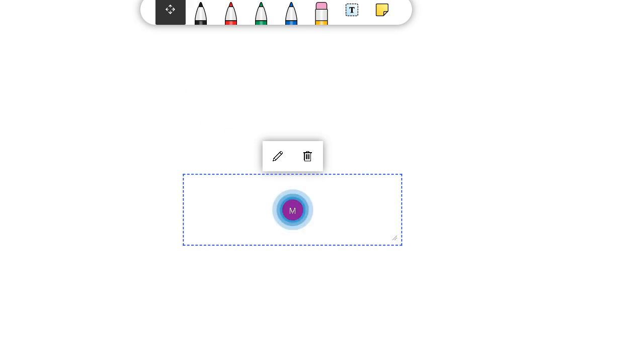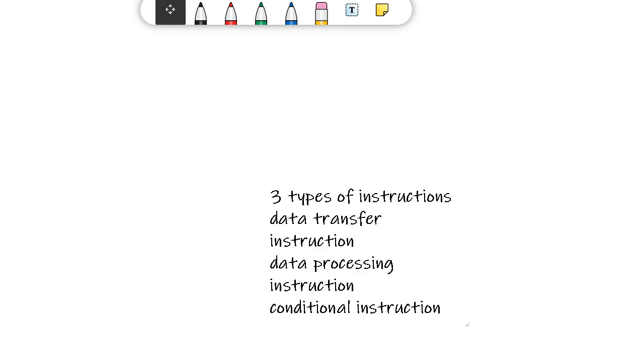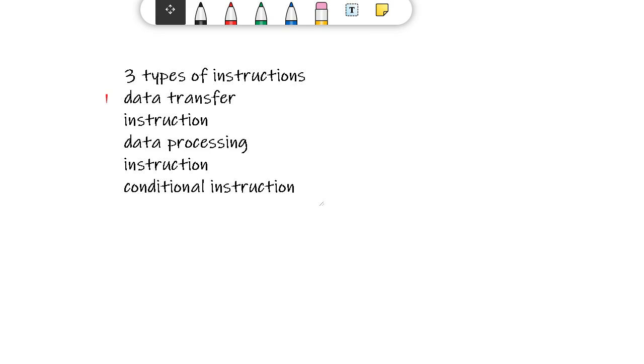Instructions are nothing but commands to the computer. The first type is the data transfer instruction.